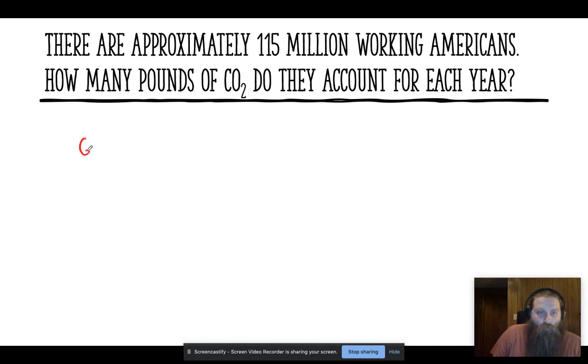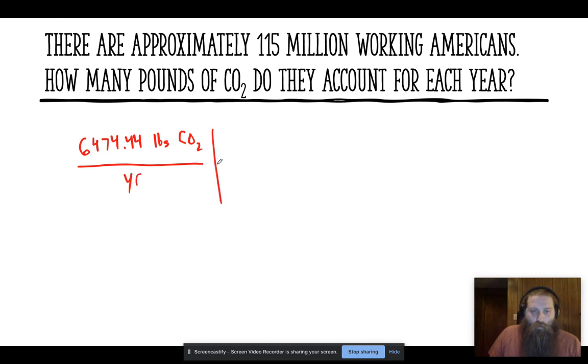Well, we take our number from the last one, 6,474.44 pounds of CO2 per year. And we're just going to multiply it over 1 by the number of workers, 115 million workers.